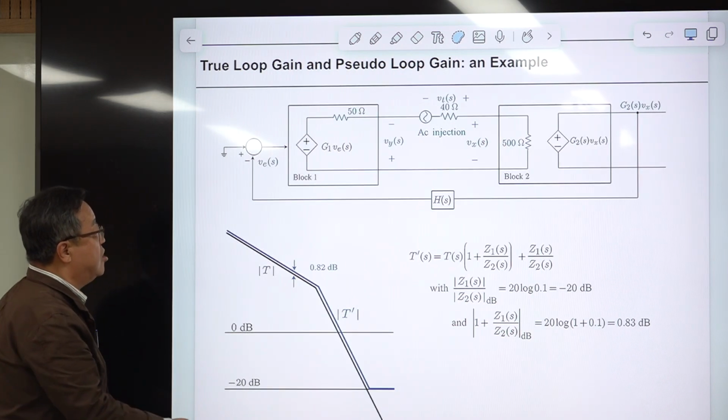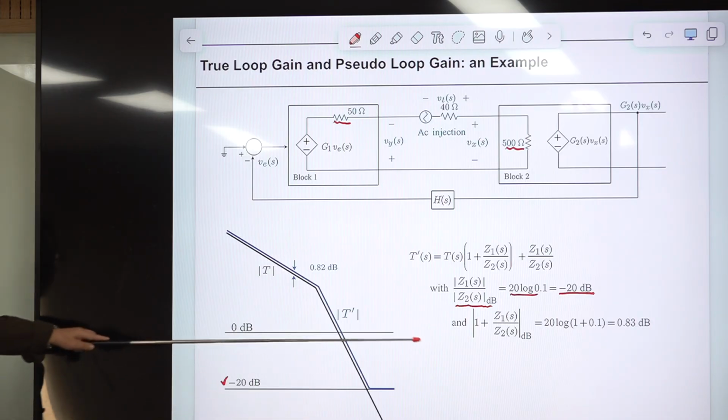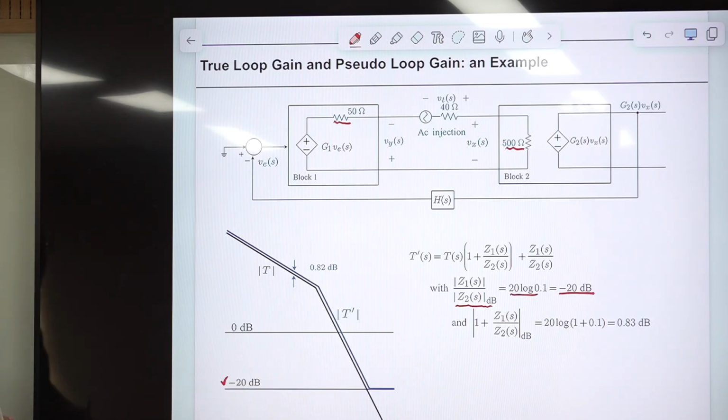The ratio between G1 and G2, or R1 and R2, is given by this in terms of dB. This is minus 20 dB. So this is the minus 20 dB line representing this ratio between G2 and G1.